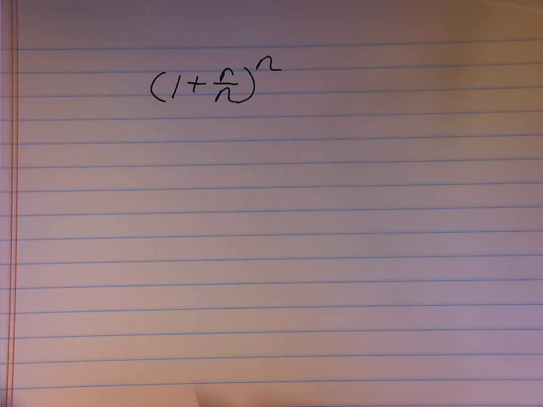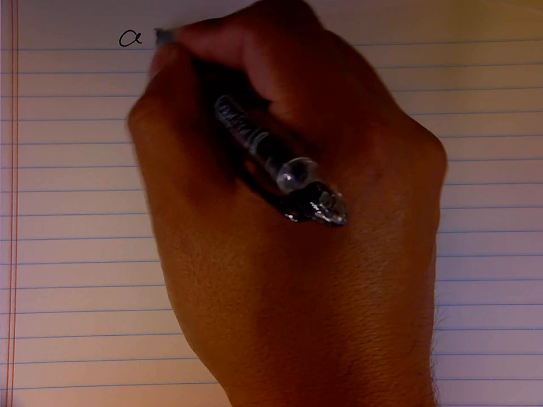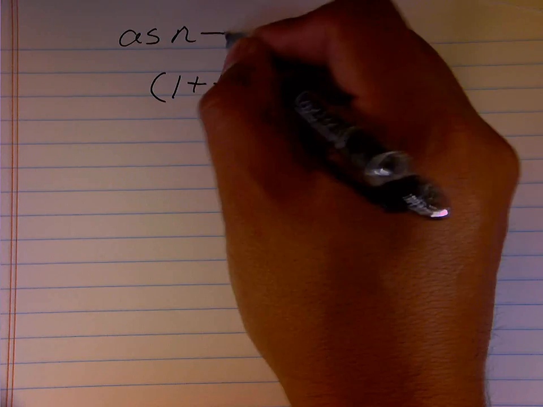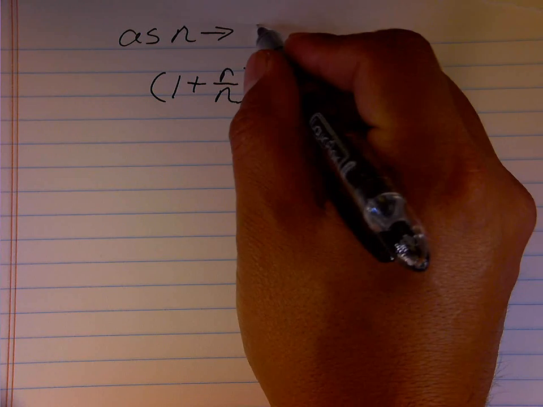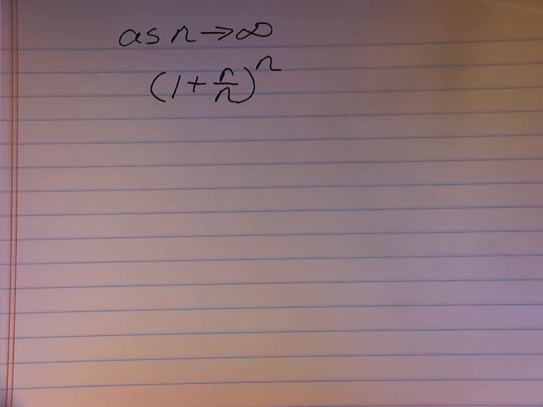What Euler discovered is as n gets bigger and bigger and bigger, in other words, daily is 365, hourly would be 365 times 24, which is huge.